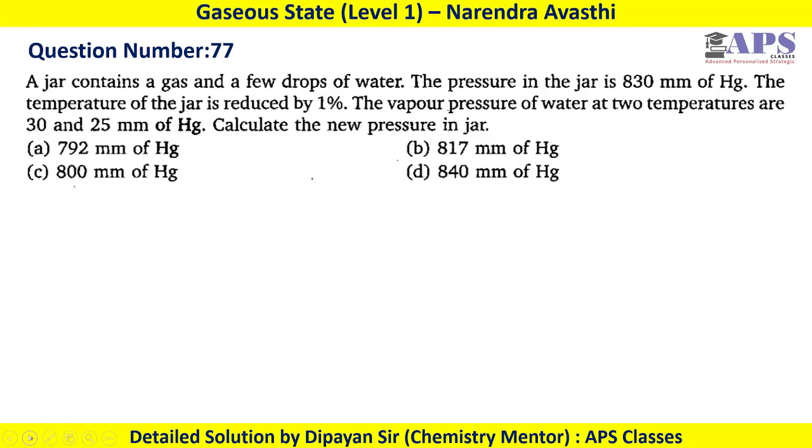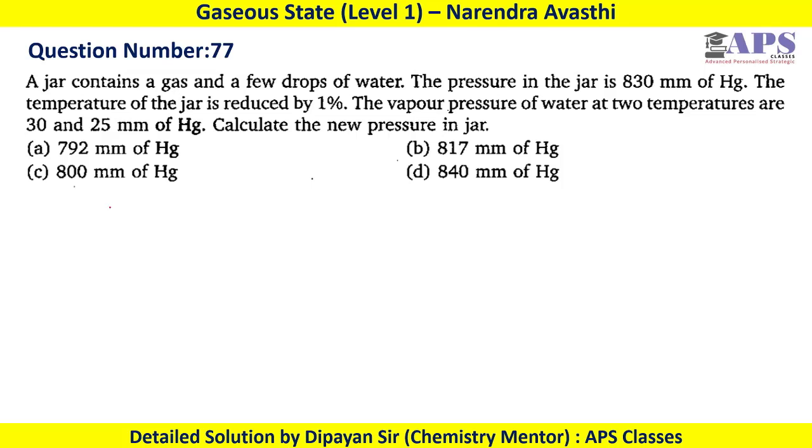In question number 77, a jar contains a gas and a few drops of water. The pressure of the jar is 830 mm of Hg. The temperature of the jar is reduced by 1%. The vapor pressure of the water at the 2 temperatures is given as 30 and 25 mm of Hg. We have to calculate the new pressure.